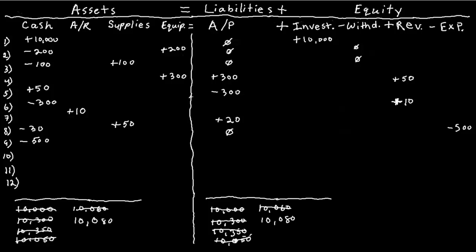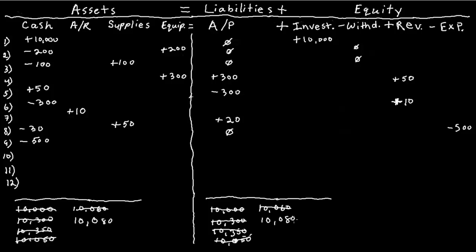And as far as the calculation, let me just do that on my calculator real quick just so that I don't mess it up. So 1080 minus 500 will give us 9,580. Okay.